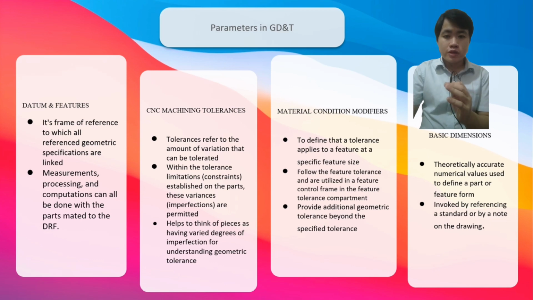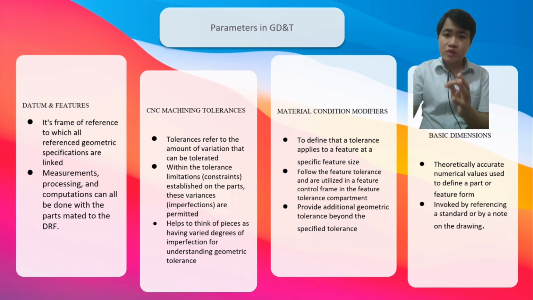It helps to think of pieces as having varied degrees of imperfection for understanding geometric tolerance. Let's proceed to another point that contributes to understanding the GD&T concept, which is basic dimension. Basic dimensions are theoretically accurate numerical values used to define a part feature's form, size, orientation, or position.